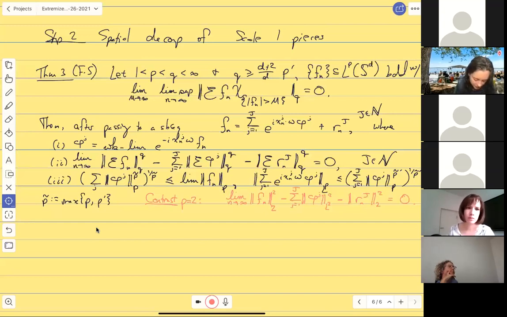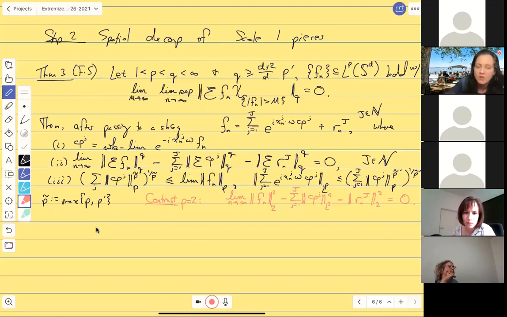However, in the range when Q is larger than P, Q is still larger than P twiddle, and so this will allow us to prove our result on extremizers. And finally, of course, the fourth condition is that the extensions of the error terms are small.